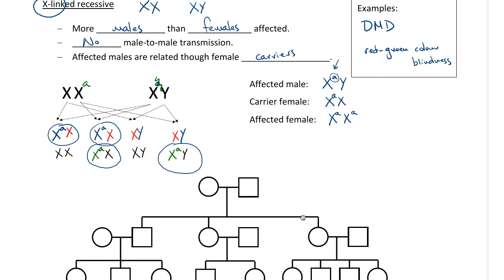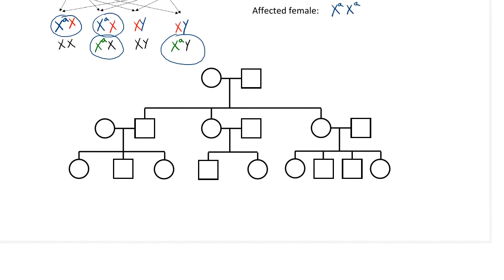Let's take a look at what that looks like on a pedigree. Here we could have an affected man, and let's say there's an affected man down here as well. We know, therefore, that this person's genotype, if I use lowercase a for the recessive allele, is like this, as is this one. And this is a carrier female, therefore, so her genotype must be like this.